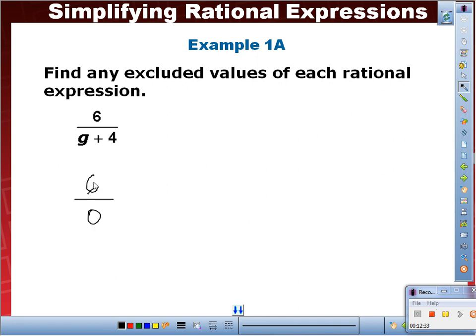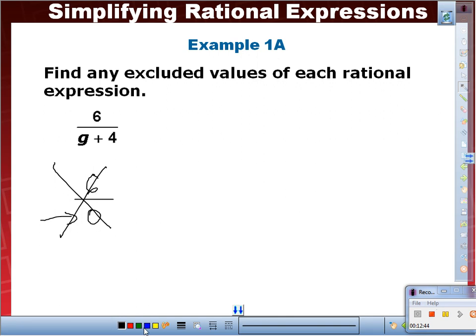Look up, please. Is that correct? It cannot look like this. Which means we need to find out what number would make this what? What number would make it what? 0. You're saying, wait a minute, aren't we supposed to exclude it? Yeah, but we need to know which one it is, right?